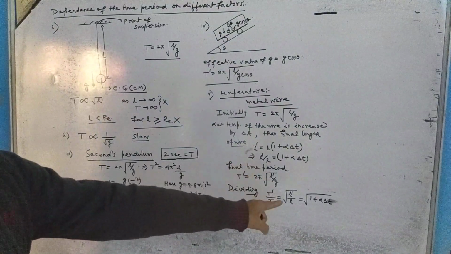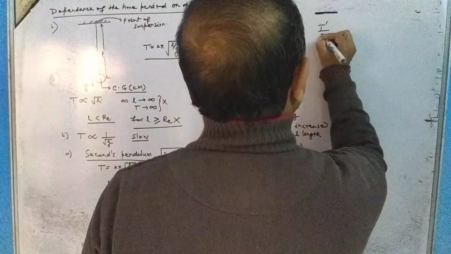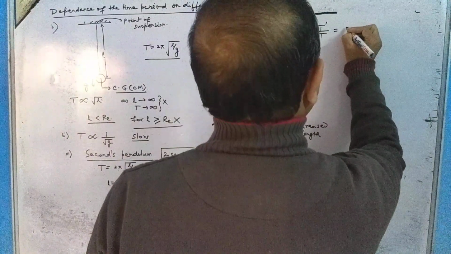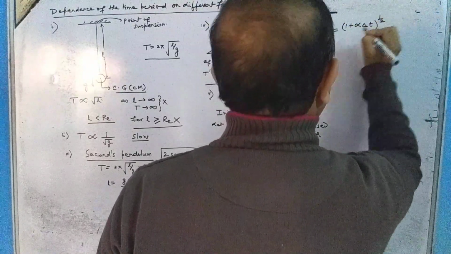From here I write it. So what can we say? T dash by T is equal to (1 plus alpha delta T) to the power half.